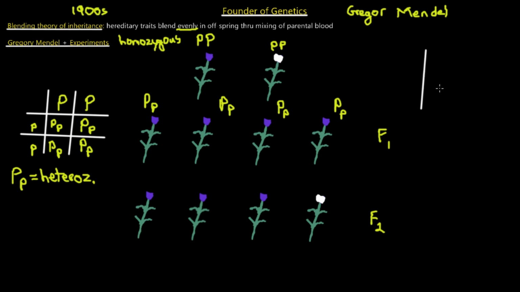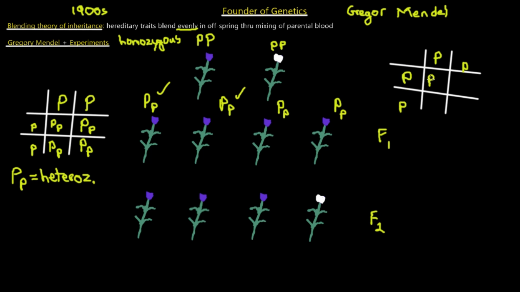So we're going to make a Punnett square here like we did in the last one. And we're going to take a look at how these alleles behave when we mix them. So we're going to take first this one with the big P, little p. And now we're going to take this one with the big P and little p.